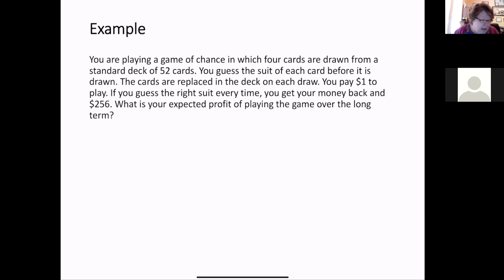All right. So what do we got here? X, our random variable, is the amount of money you profit, because that's what we're interested in. How much money am I going to make in the long term? Okay, and what values can my random variable take on?